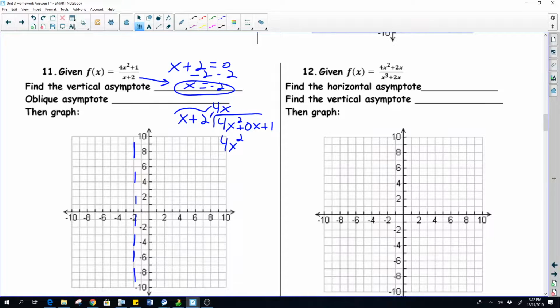You have to do 2 times 4x. So 2 times 4x is 8x. And then we change the signs. It goes away. Times it by negative 8.